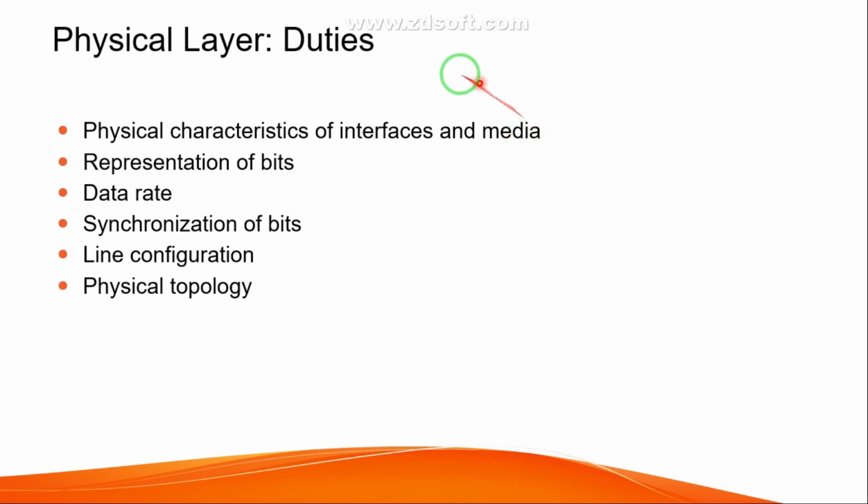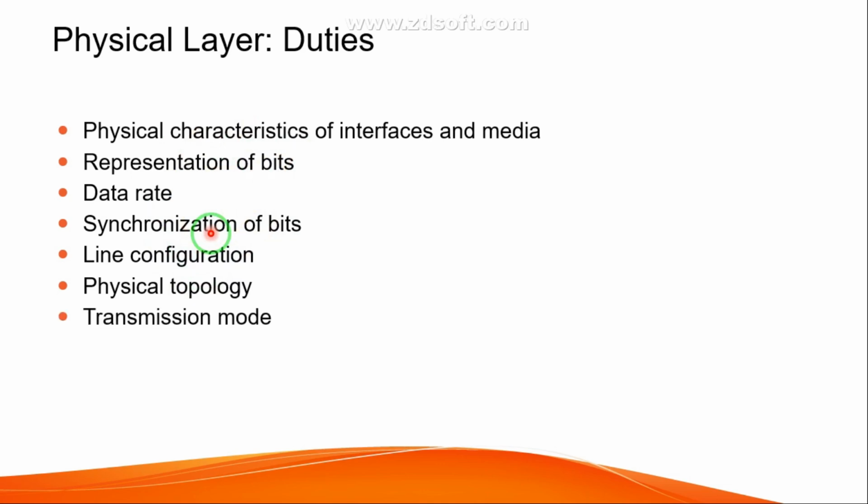Next is your physical topology. Physical topology is how physically the network has been laid out, whether it is a star topology, a ring topology, a bus topology, or a hybrid topology. So all these are the duties of your physical layer.